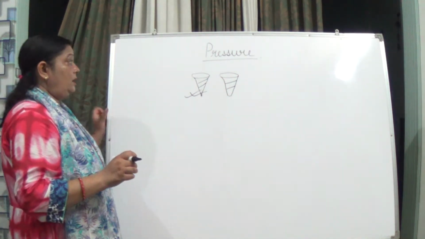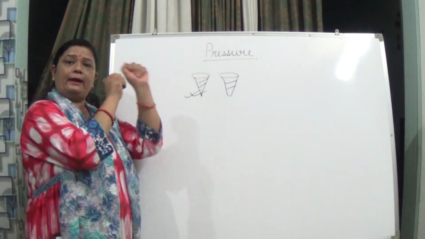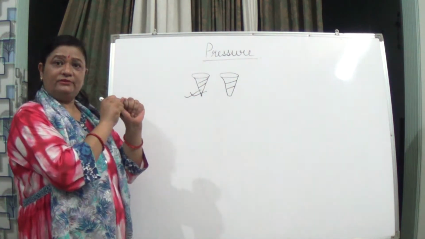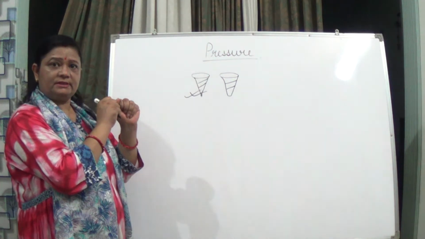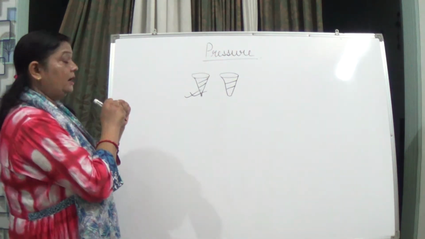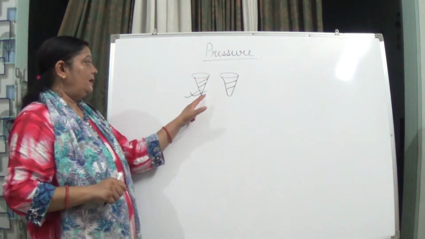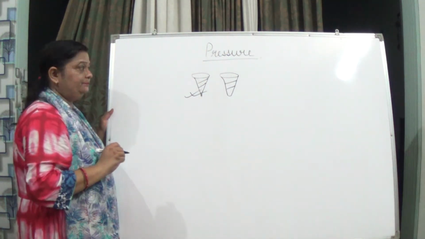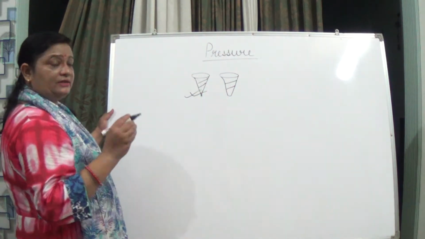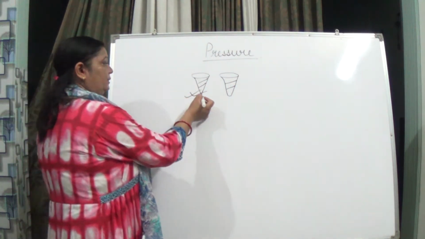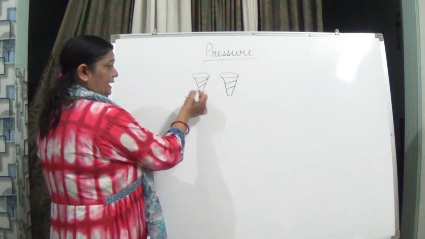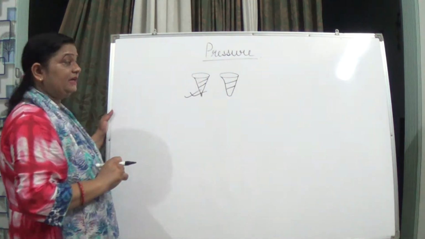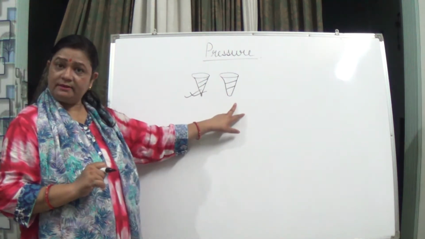When we are hammering this nail, we are applying force to it, and accordingly the nail gets fixed on the wall. As you have seen by practically doing the experiment, this nail gets fixed in the wall, while here it is very, very difficult.